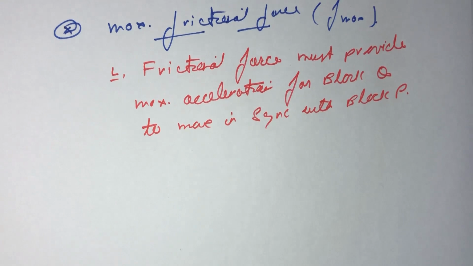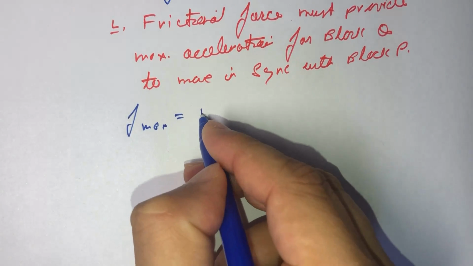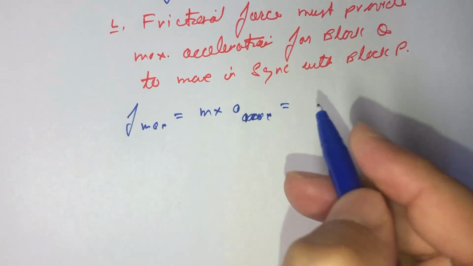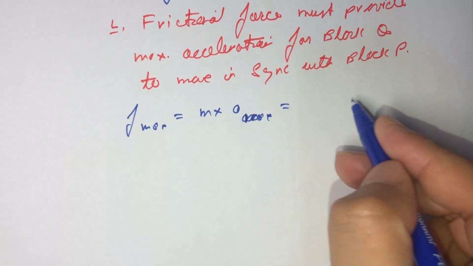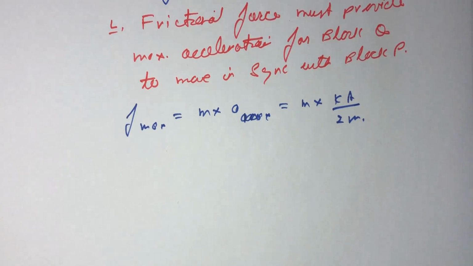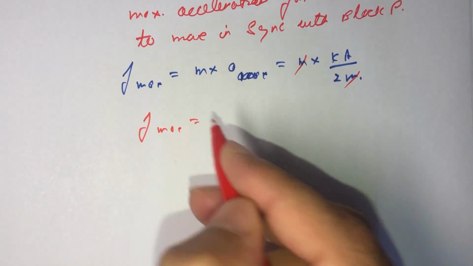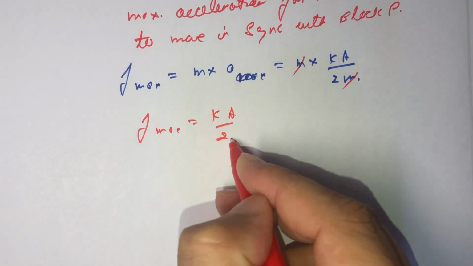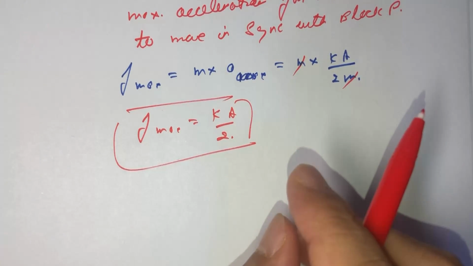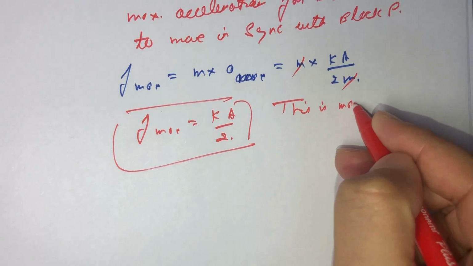Therefore, the frictional force F max will be equal to mass into A max, and we already know the maximum acceleration, so it is mass into KA divided by 2m, and here m cancels with m, so we get F max is KA divided by 2. So this is the maximum value of frictional force between the two blocks.